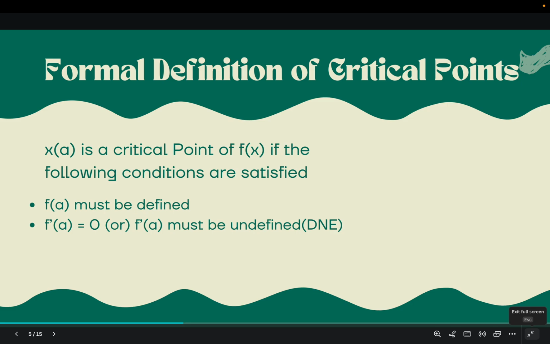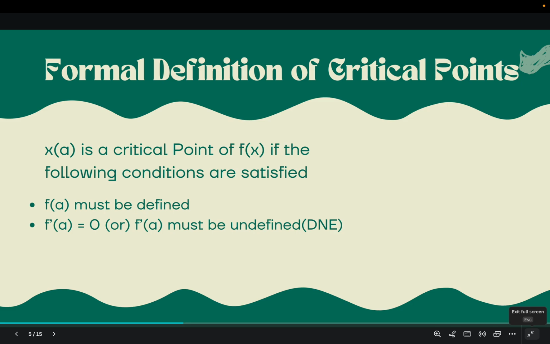These conditions must be satisfied in order for a point to be a critical point. So what does it need to be a critical point? Well, it needs a function. The function must be defined, so the function must exist.